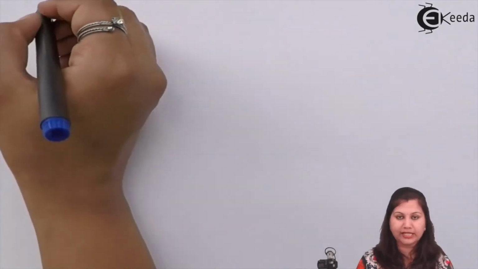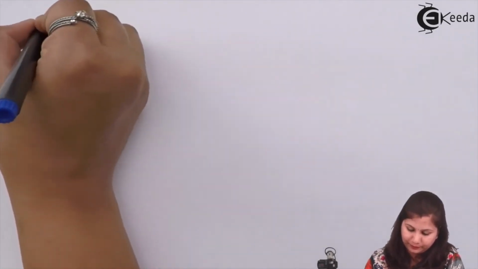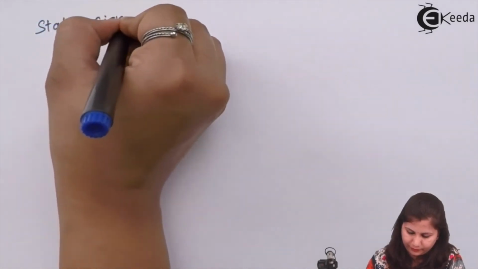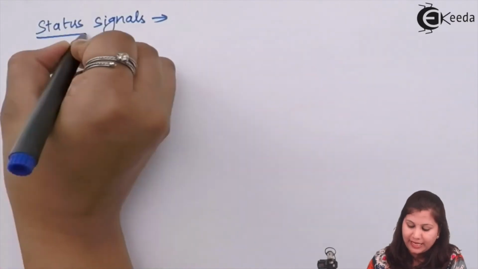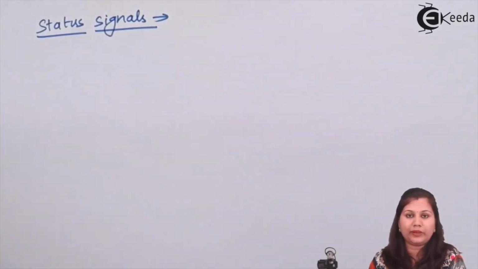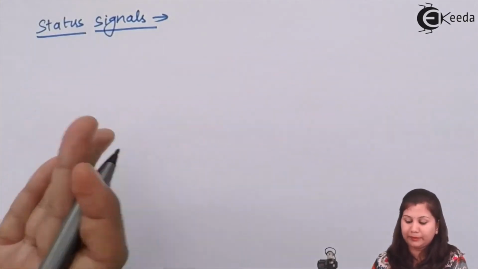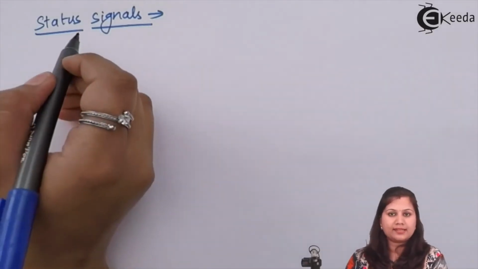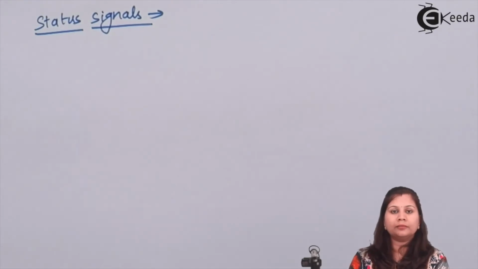Then we have the status signals. As I have said, the A16 to A19 address bus is multiplexed with the status signals S3 to S6.